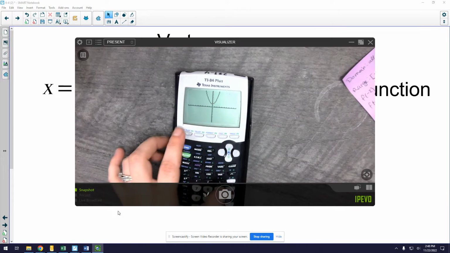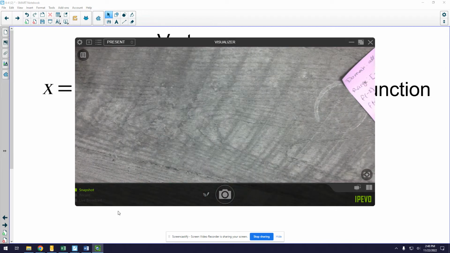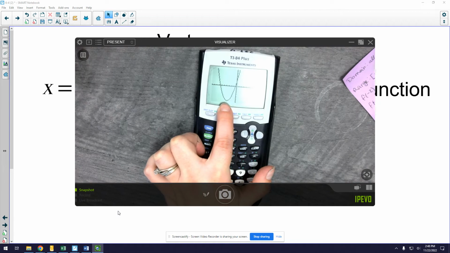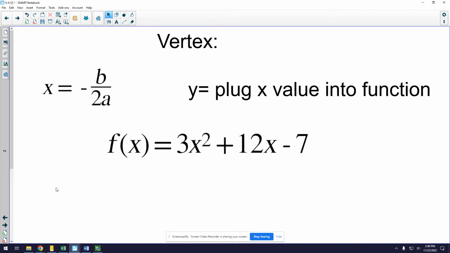All right, so that's one example. One moment, I'm going to bring you up another example for you. Here's another one. There is my vertex. All right, so first let's talk about how to find it by hand. Then we'll talk about how to find it using the calculator, or how to check it with the calculator.